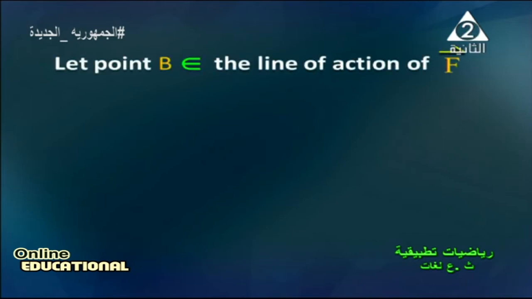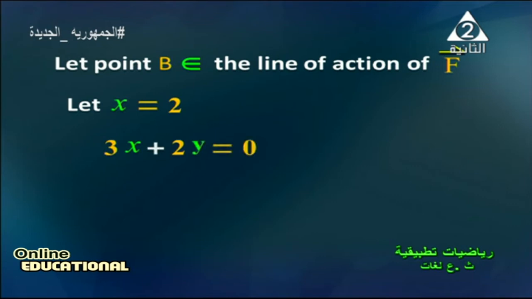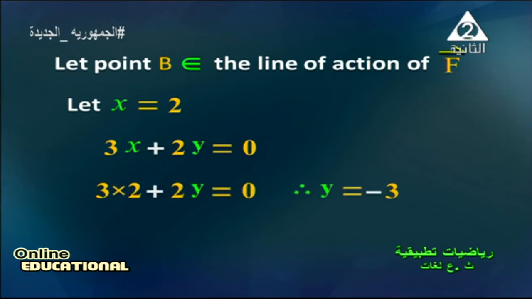Now, let point P belong to the line of action of the force F, and let x equal, say, 2. Then y equals negative 3 times 2, divided by 2, so y equals negative 3.